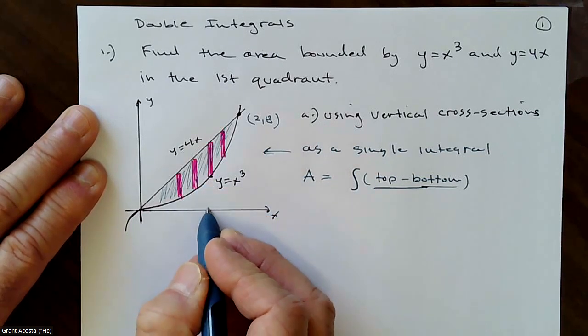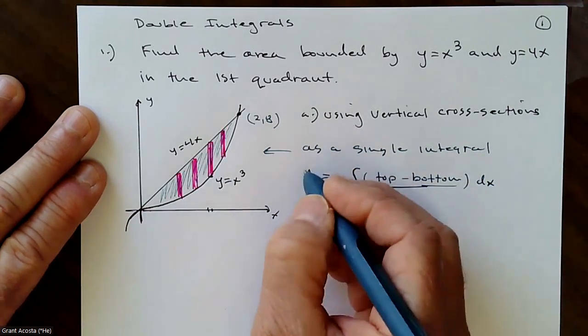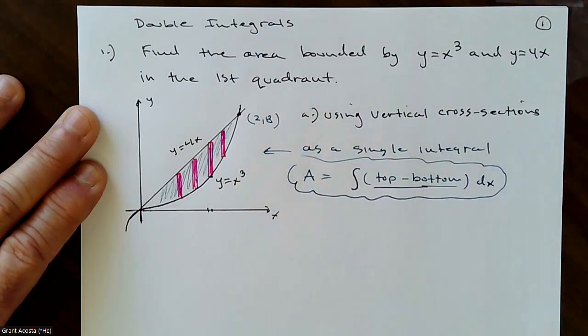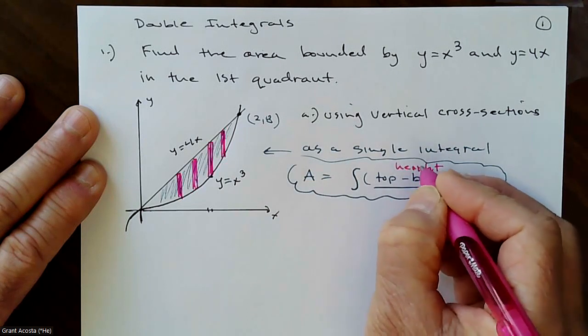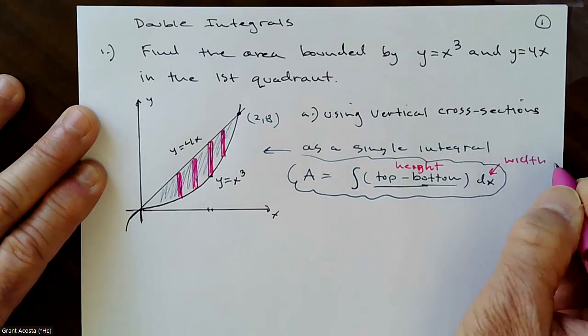That width is a tiny little increment of x, which is what we mean by dx. So you may recall that from a previous math class. Again, this gives me the heights, and dx is my infinitely skinny width.